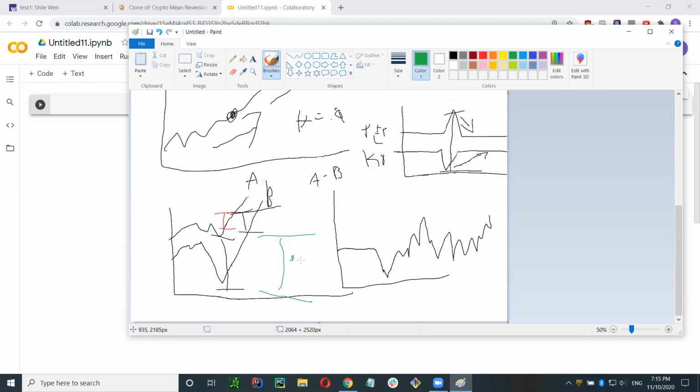You might be asking, why don't we just go long on both A and B? Why did we have to incur a loss on A?